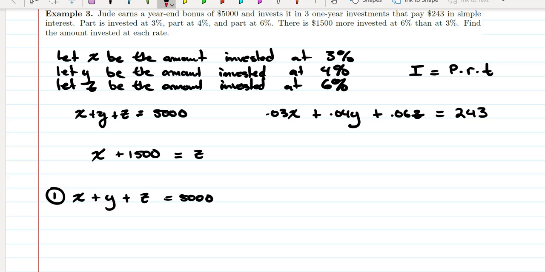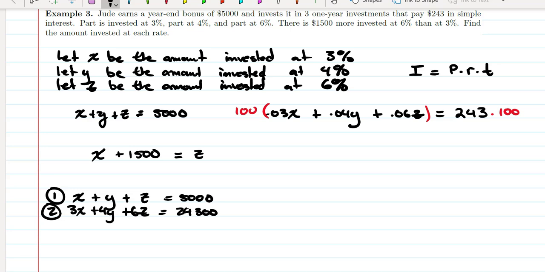So what would I need to multiply everything by in my equation 2 in order to make there be no decimals? I would have to multiply everything by 100. And that would give me the equation 2 of 3x plus 4y plus 6z is equal to 24,300.